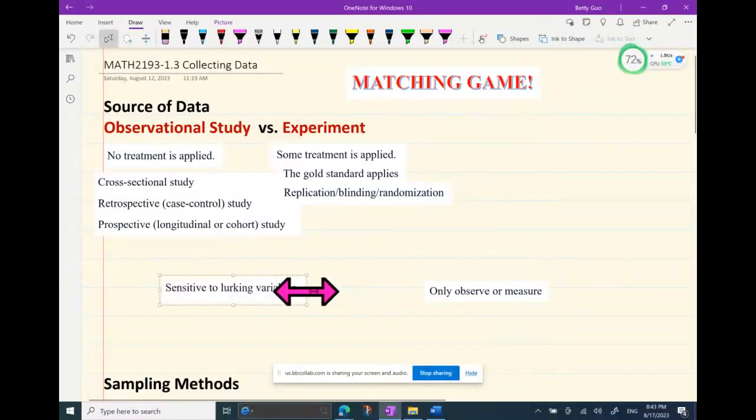Which one is sensitive to lurking variables? The lurking variable is the underlying variable that I mentioned earlier in an example. Variable X represented the sale of ice cream, and variable Y represented the number of children who drowned swimming. I used that example to explain that even though they display a certain correlation, there isn't any causality between the two variables, because there's a lurking variable.